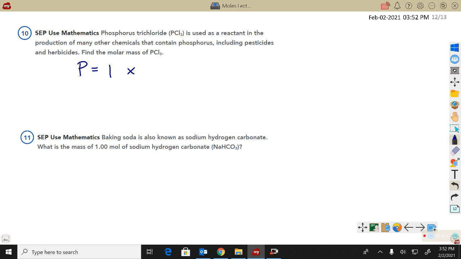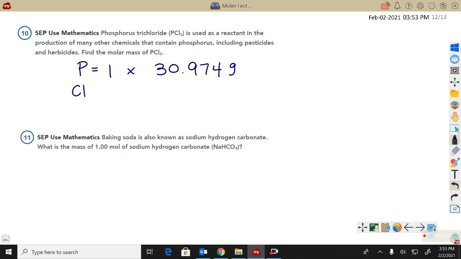Eventually, we can round after we do some calculations, but what's the harm in saying 30.974 grams? So the 1 is like saying it's 1 mole, and every mole is 30.974 grams.